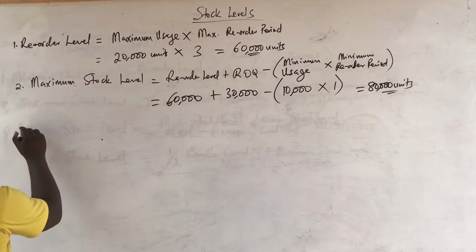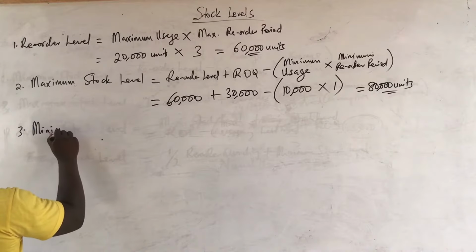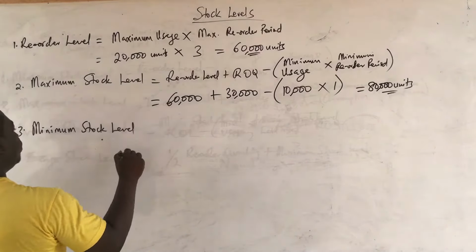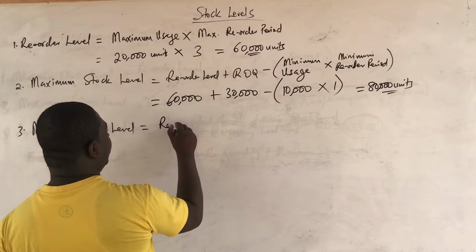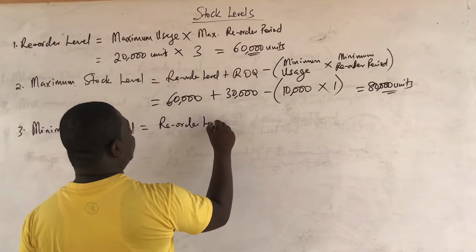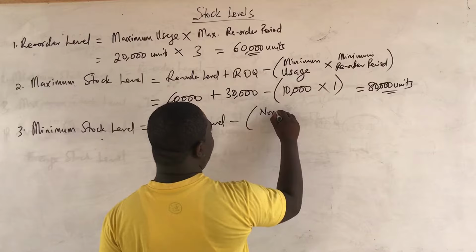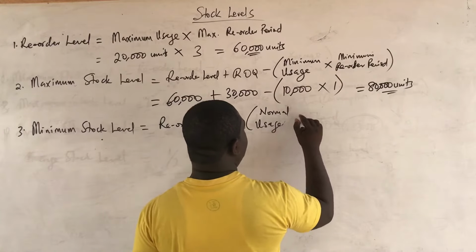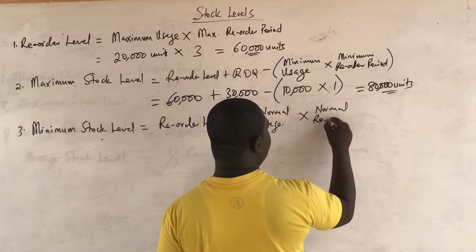So let us look at our third requirement, which is our minimum stock level. The minimum stock level is given as your reorder level minus the averages, so normal usage times your normal reorder period.